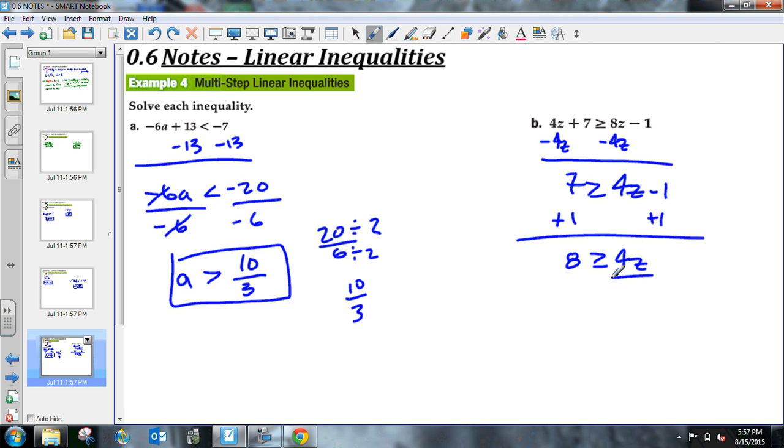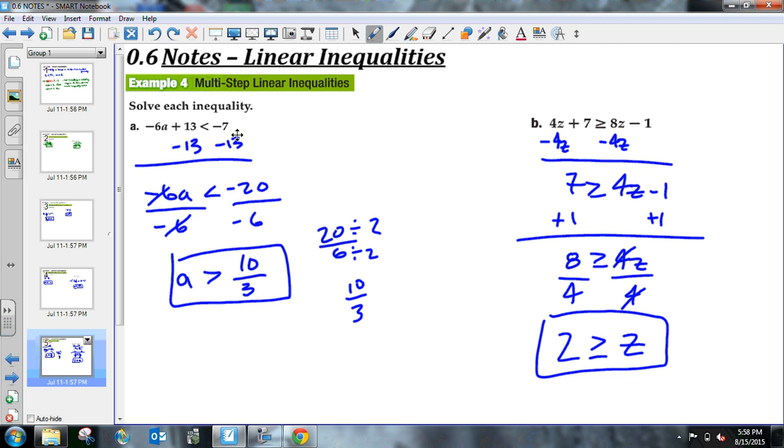I'm going to divide by 4 on both sides. And I'm not dividing by a negative, so I don't have to flip my inequality. If you had moved the 8z over first, then it would cause you to have to flip the inequality. Okay, those divide out, and so I get the statement that 8 over 4, which is 2, is greater than or equal to z.